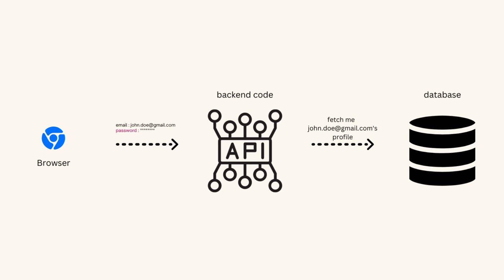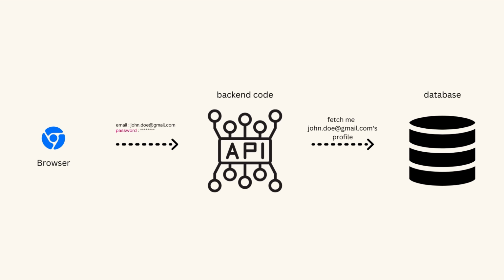If you're not familiar with what a database is, you can think of it as an Excel sheet with information. So in case I have a table called profile, you can think of it as an Excel sheet with each row representing one profile. In this case, we are trying to fetch the record that has Jean Doe's Gmail.